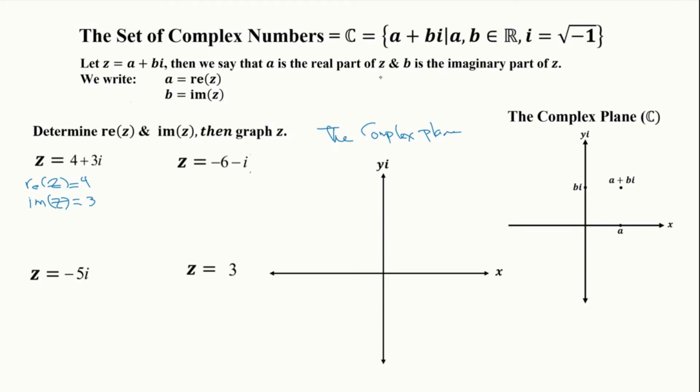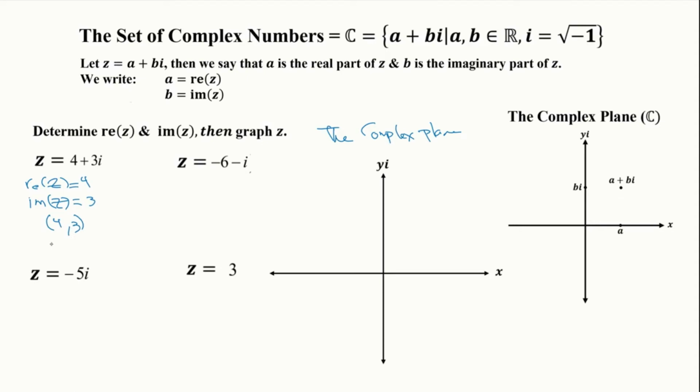to graph 4 plus 3i, very simple. Think of it as if you're going to graph the point (4, 3), okay? It's not what you're graphing. You're graphing a single point, this single complex number, but the procedure is the same as graphing the ordered pair (4, 3).